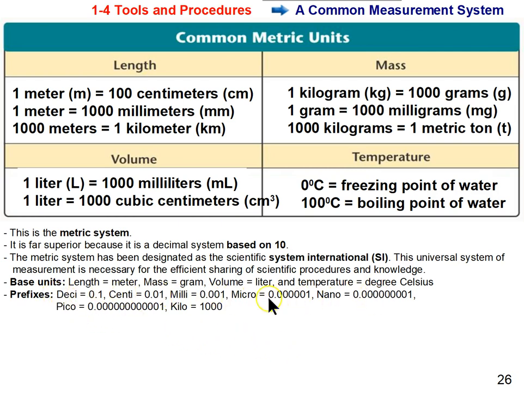And we use these prefixes. So for example, 1/10 of a meter is a decimeter. We don't use that unit very often, but it exists. 1/100th of a meter is a centimeter. So centi meaning 100th, 0.01, right? A millimeter is 1,000th of a meter.